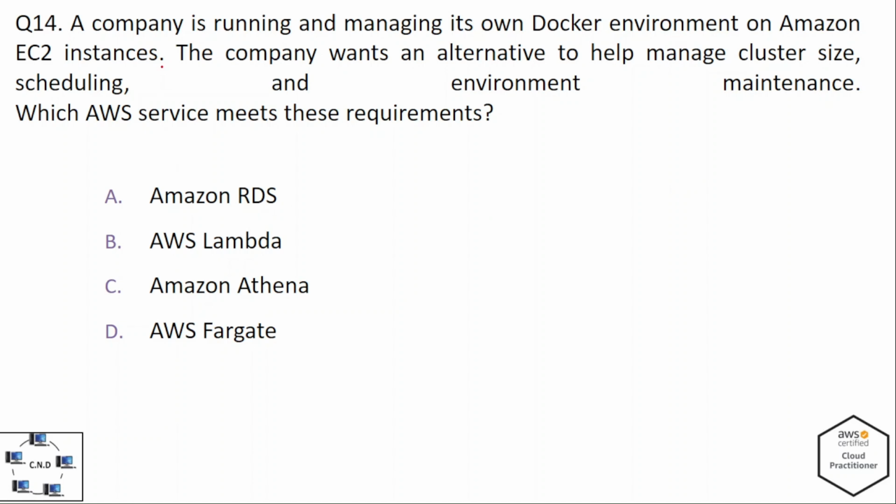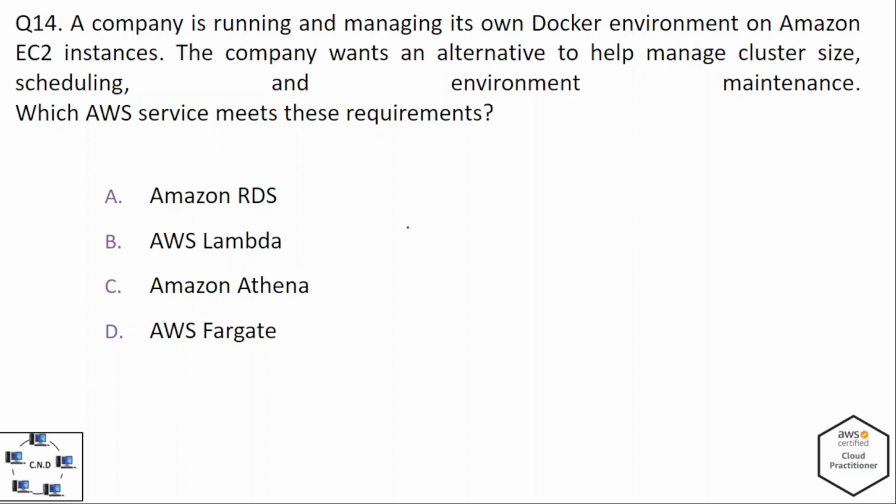Question number 14 is that a company is running and managing its own Docker environment on Amazon EC2 instances. The company wants an alternative to help manage cluster size, scheduling, and environment maintenance. Which AWS service meets these requirements? And the options are A. Amazon RDS, B. AWS Lambda, C. Amazon Athena, and D. AWS Fargate.